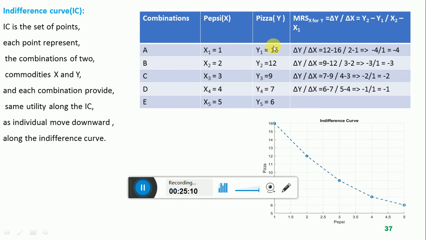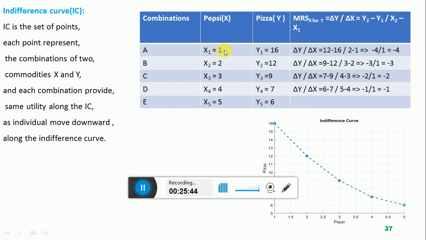It means one pizza provides 1 marginal utility and one Pepsi provides 4 marginal utility. So 4 is much larger than the marginal utility of pizza. It means the consumer is fed up with pizza. He does not need more pizza. Pizza is more in quantity. So the marginal utility of pizza is 1 and the marginal utility of Pepsi is 4. 4 is more than 1. That is why the consumer is increasing Pepsi and decreasing pizzas.